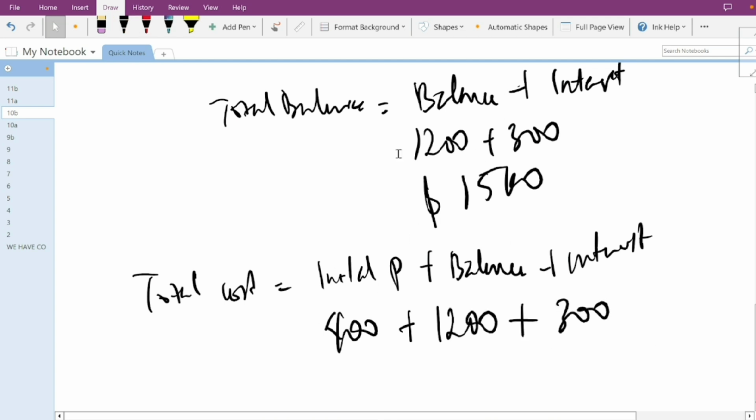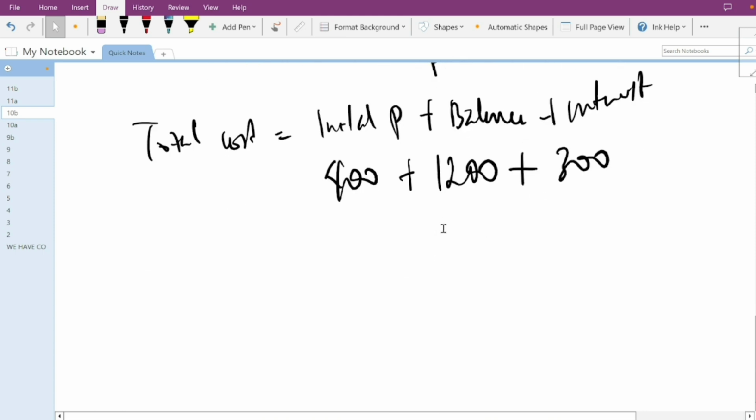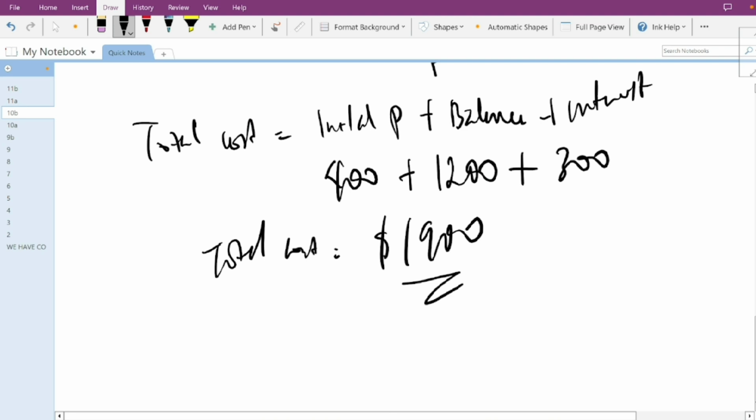Note that we've added these two and got 1,500. So the total cost for the TV based on installment payments will be 400 plus 1,500, which we calculated earlier, which gives us $1,900. Noting that if he had bought it at once, he would have paid 1,600, but since he's paying by installment with interest, he has to pay more.